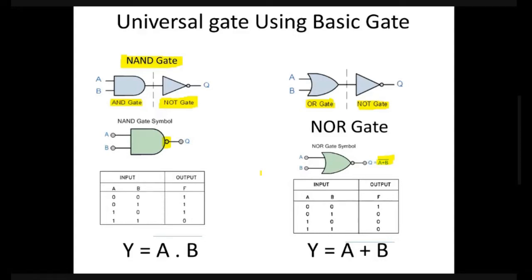Today's objective of this lecture is, using the NAND gate and the NOR gate, we implement the rest of all the gates. That is the AND gate, OR gate, NOT gate, then XOR gate and XNOR gate.